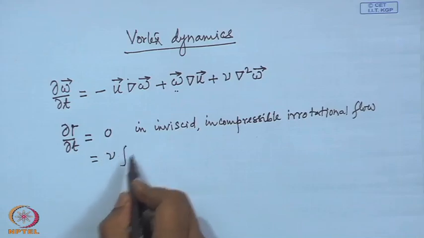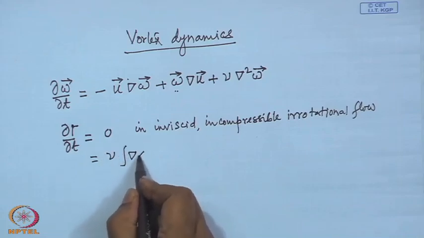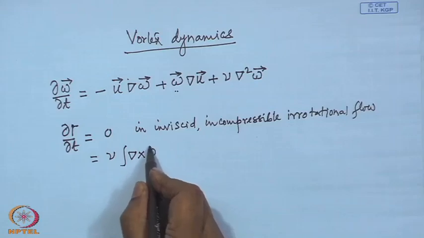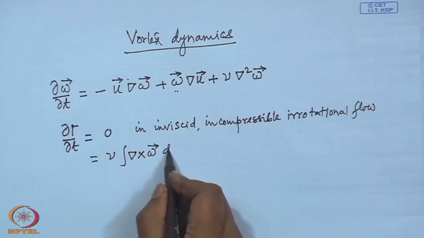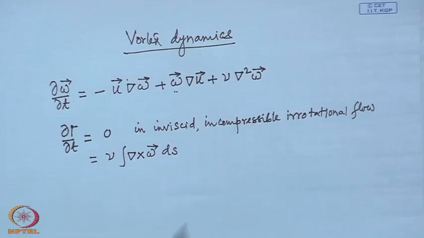a term something like this. Once again it shows that in a viscous flow, the circulation around a material closed curve can be changed due to the diffusive action of viscosity.